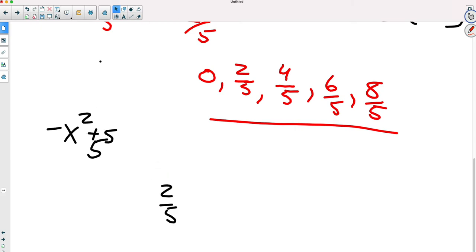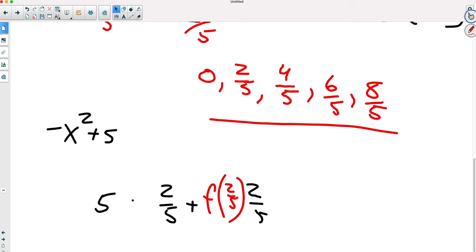Let's do the second rectangle. What's the width? 2/5 still. What's the height? Well, at this point, I'm going to start abbreviating. It's f of 2/5, right? Where this was f of 0.